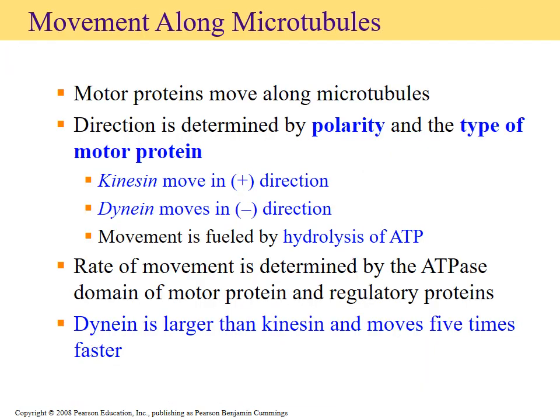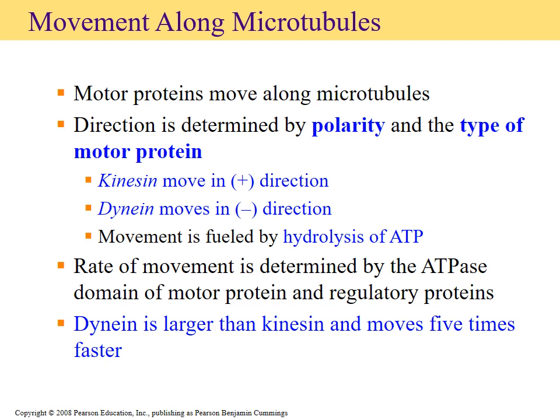Now, along the microtubule, we also see that we have some motor proteins that we can utilize as movement vesicles. So we can fill it up with content, hormones, or any type of secretory production, and we can allow them to move up and down the microtubule. And a lot of this will be determined by the polarity as well as the type of motor protein that you're looking at.